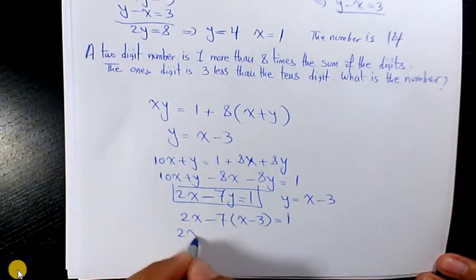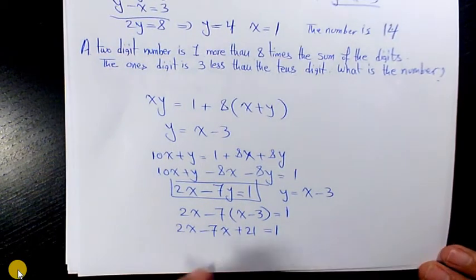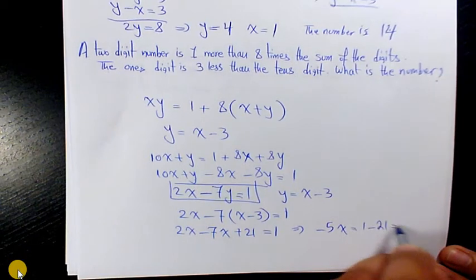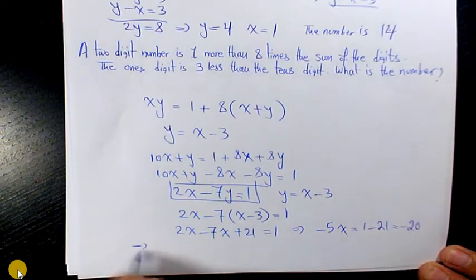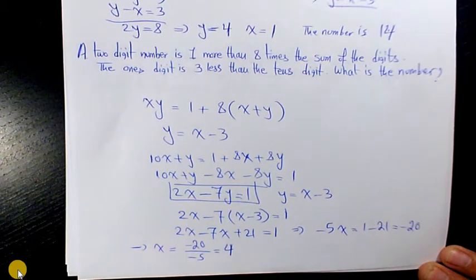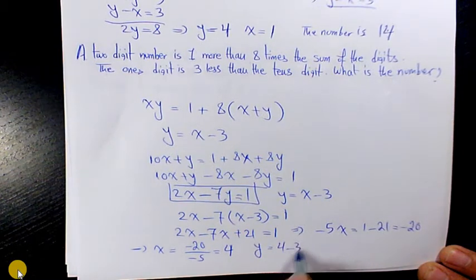So it's going to be 2x minus 7x plus 21 equals 1. So negative 5x equals 1 minus 21, which is negative 20. Therefore, x is negative 20 divided by negative 5, which is going to be 4. So y will be 4 minus 3, which is 1.